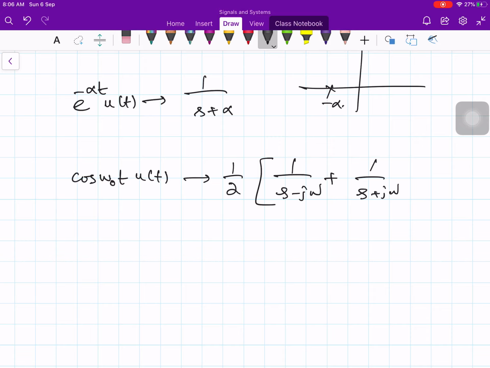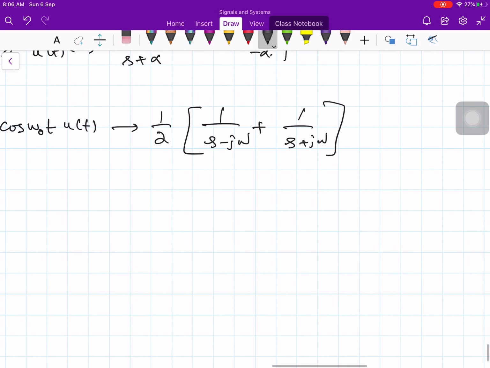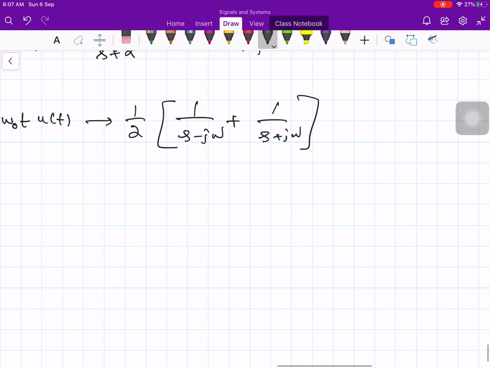Okay, so it has two poles, they are complex conjugate, one is plus j omega and another one is minus j omega, on the sigma axis, omega axis. So there are two poles.